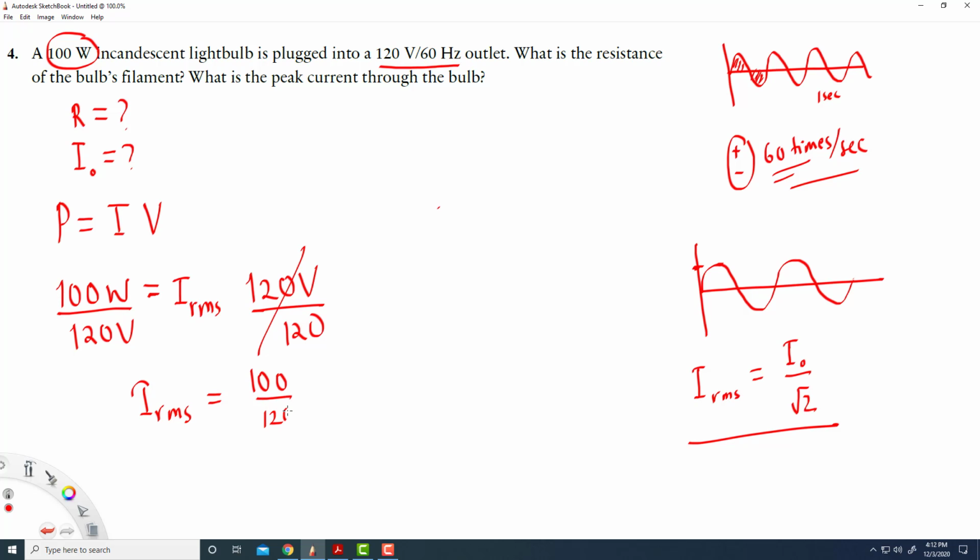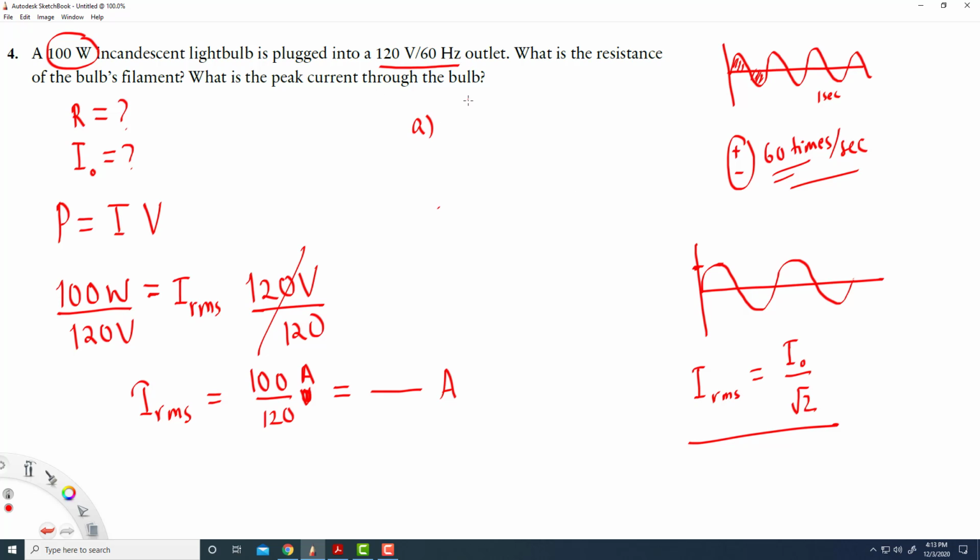Okay, you can do the math. That will give you IRMS, which should be in amperes. Now we want to find the peak current. Oh, by the way, we also need to find R. Let's first find R, and then we can find the peak current.